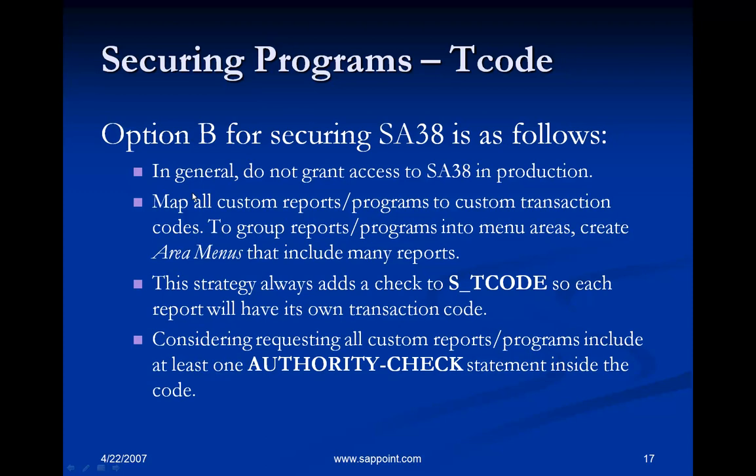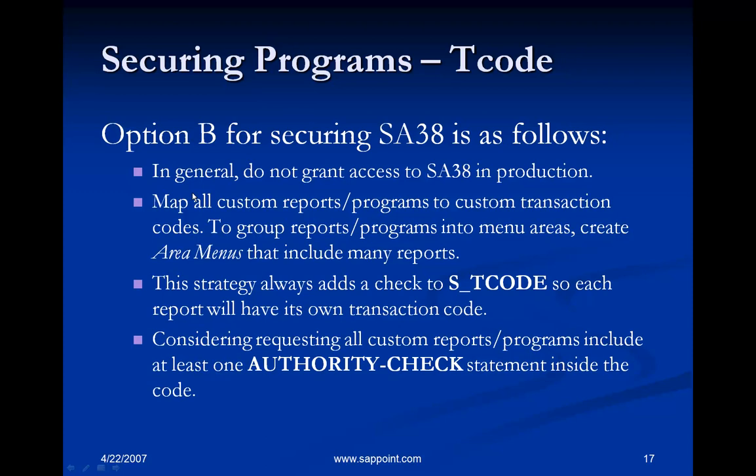Plus, even if you control access to programs by using authorization groups, you still leave a loophole in that concept, because the users, once they get access to SA38, can still execute programs which are not assigned to any group.